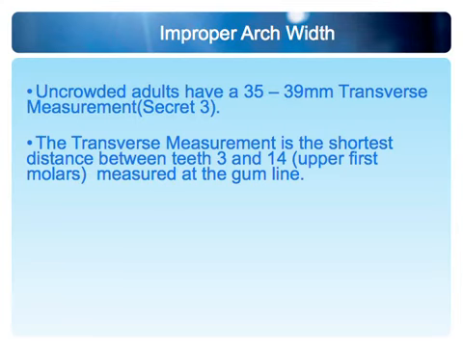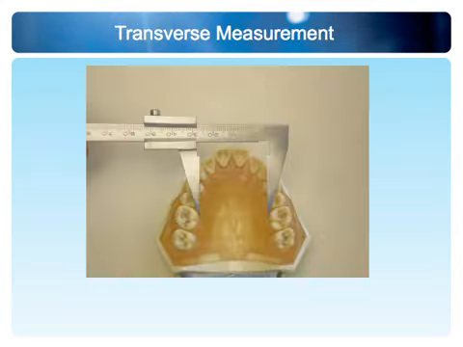And here is how it looks in the mouth. Obviously, you are looking at my little typodont model and my Boley gauge. And so you can see here, I've just placed it as if I would have done this on a patient. If we splay the little forks into the mouth, we can place them at the gum line, right here and right here. So now we have a distance between upper first molars of, if we look at the markers here, 33.